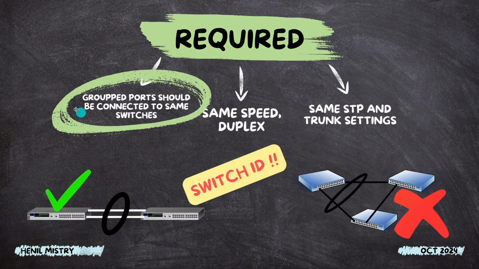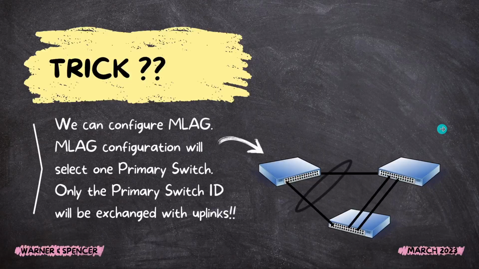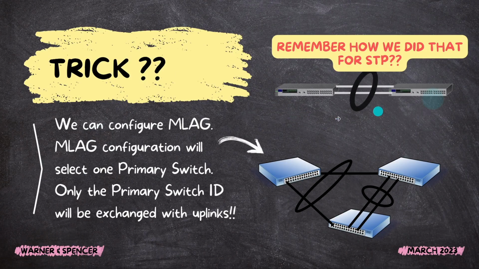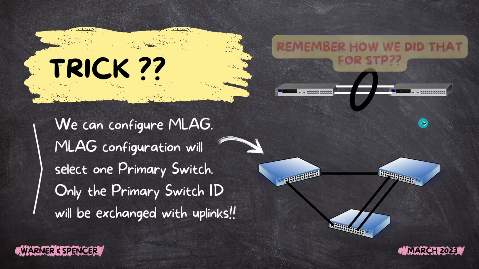This was the part that was getting compromised, and this was the way that we tricked with MLAG. Remember the mapping: from STP we can trick STP using port channel, and from MLAG we can trick the port channel using MLAG. That was the comparison that we saw.